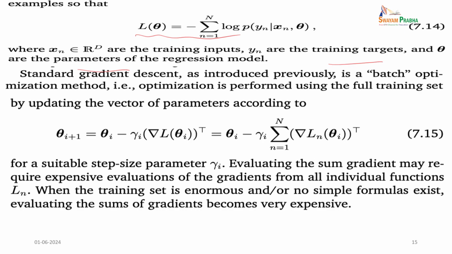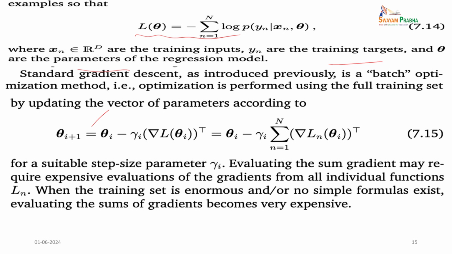Keep these ideas in mind, and then we will go to stochastic gradient descent. Now, we have standard gradient descent, and previously we discussed optimization. Here the optimization is performed using the full training set, by updating the parameter vector according to an iterative process.